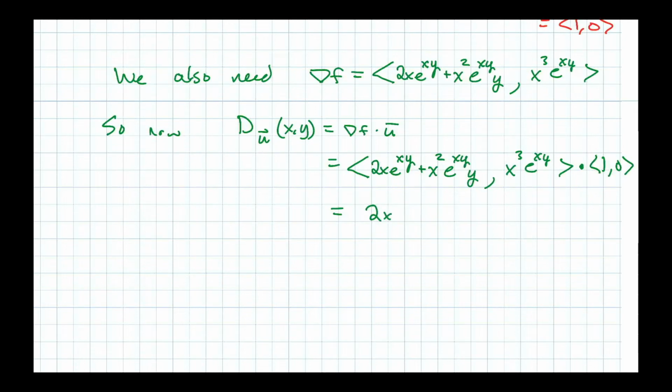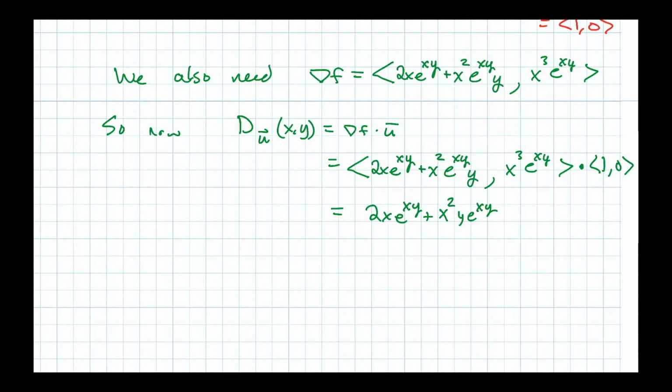So it's 2x e to the xy plus x squared y e to the xy. I rearranged that a little bit. Okay, so there is your directional derivative.